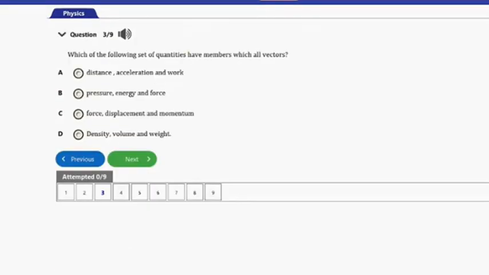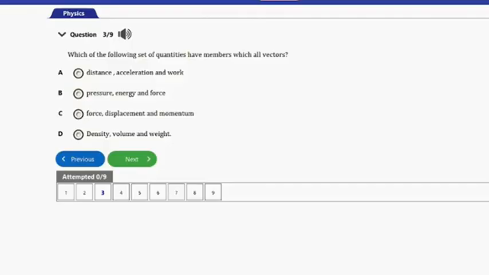So guys, the next question we have here is question number 3. It says, which of the following sets of quantities have members which are vectors? Alright, so guys, we have A, distance, acceleration and work; B, pressure, energy and force; C, force, displacement and momentum; D, density, volume and weight.